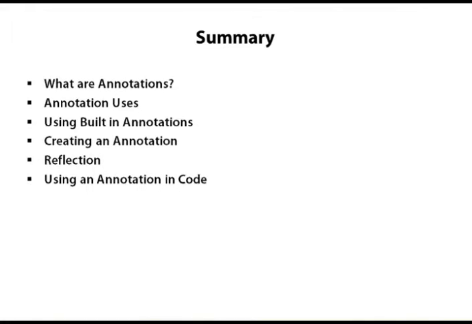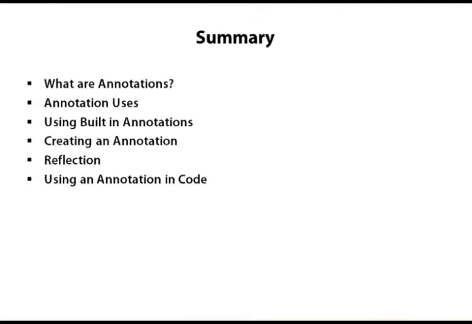Then we went ahead and we looked at some examples of using some built-in annotations. We walked through some of the annotations that already exist in Java as part of the language itself, and we saw how those could be used to help us to write better Java code. Then we went ahead and we created our own annotation class. We saw how easy it is to structure an annotation class and some of the things that we might want to put into an annotation class when creating one.